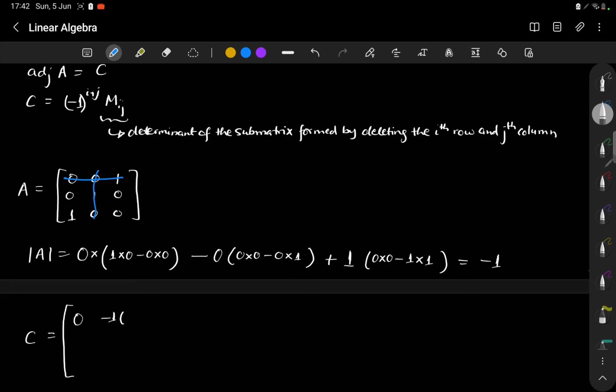So the determinant of this part is also 0. Next we will delete this. So the determinant of this one, which will come with a plus sign, is -1.